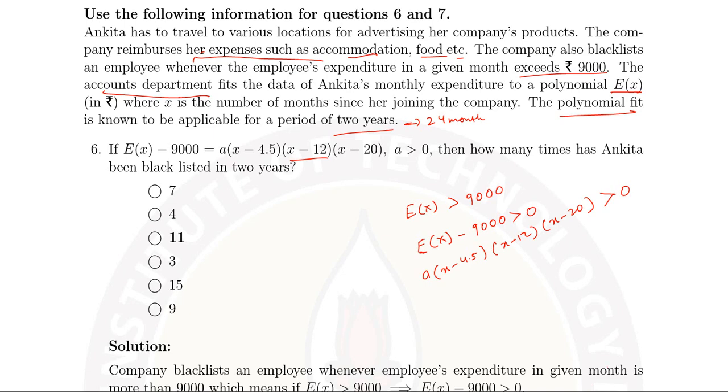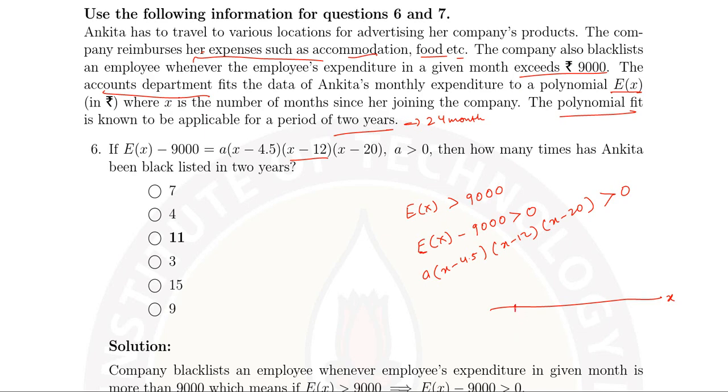So with this information, it is clear that Ankita's expenditure is in the form of a cubic polynomial, right? So we can just give a rough sketch for this. Since this is already in factor form, it becomes much easier to locate the zeros on the curve. So a rough curve which we can make here is, considering this is the x-axis, basically this x-axis represents the number of months.